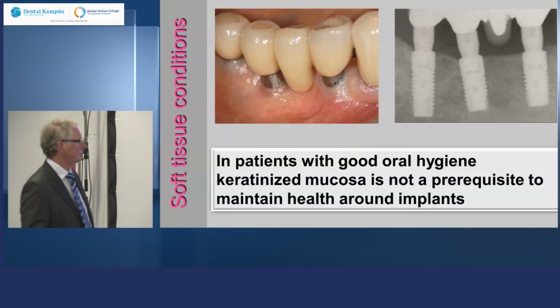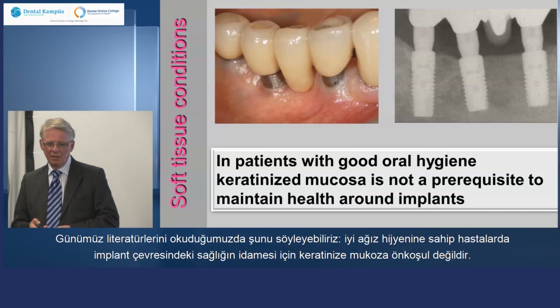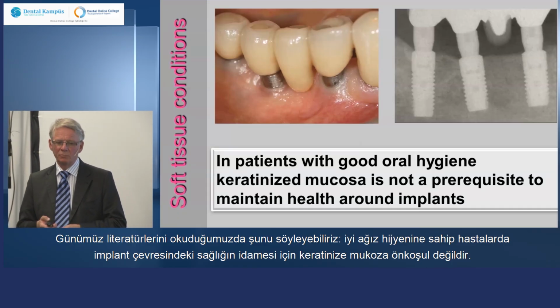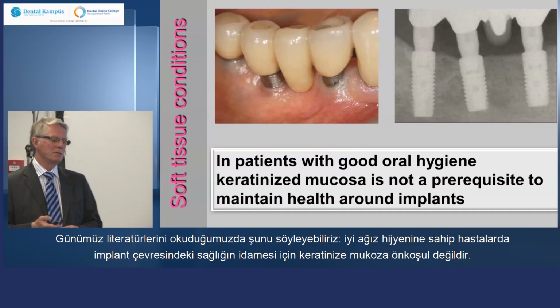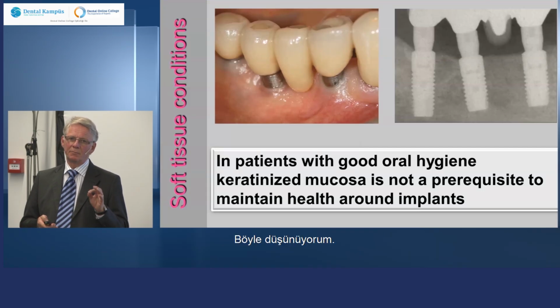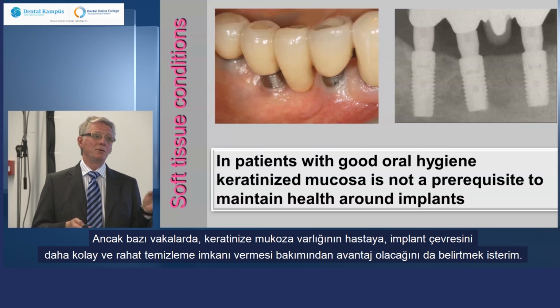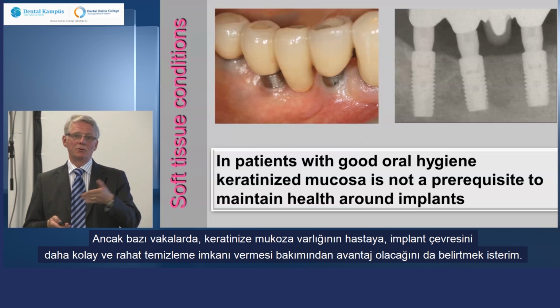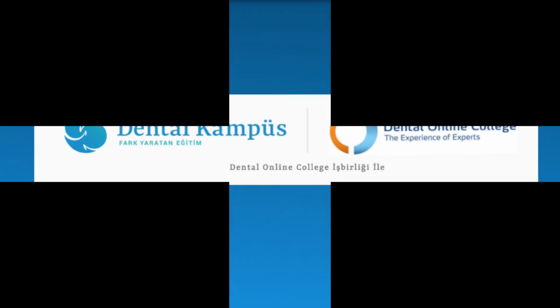And as I read the present literature, I think we can say that in patients with good oral hygiene, keratinized mucosa is not a prerequisite to maintain health around implants. I think so. But I also acknowledge that in some situations, it could be an advantage to have keratinized mucosa to improve the patient's ability to clean around the implant.